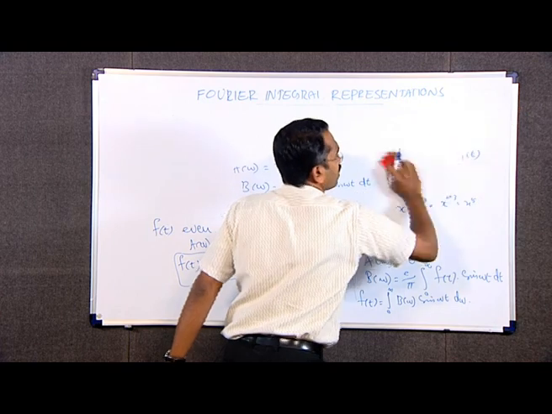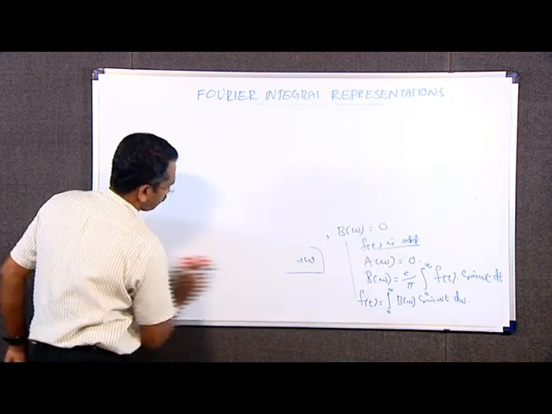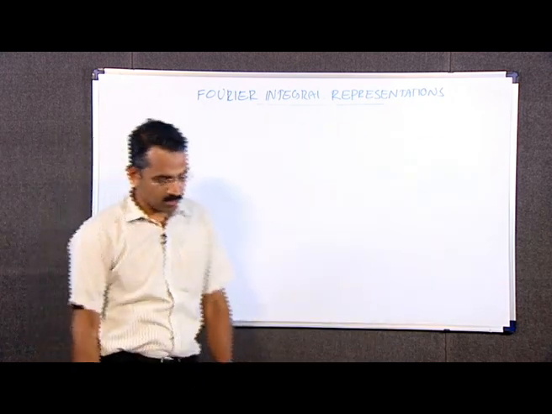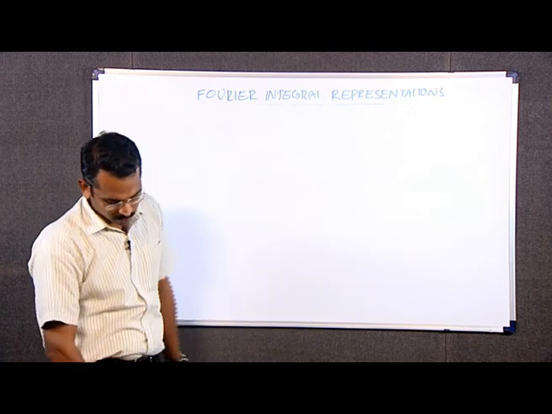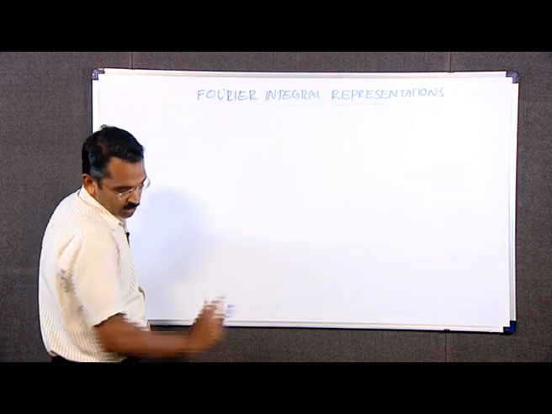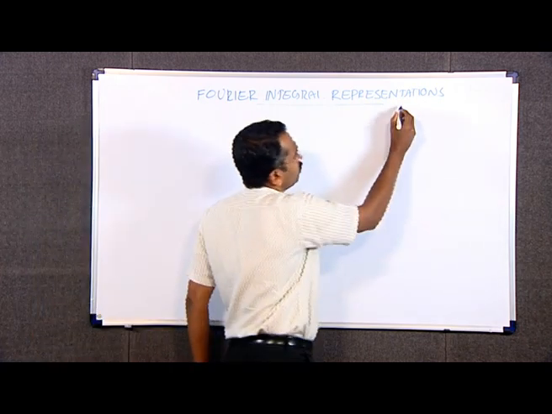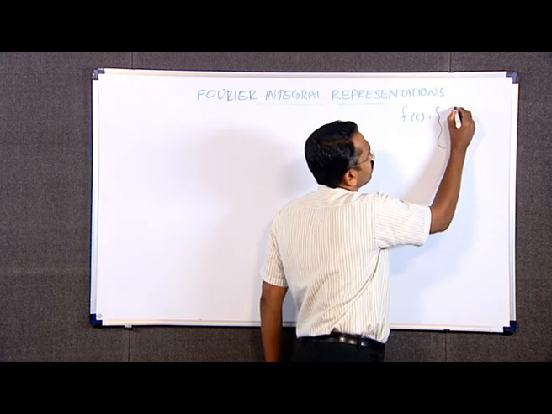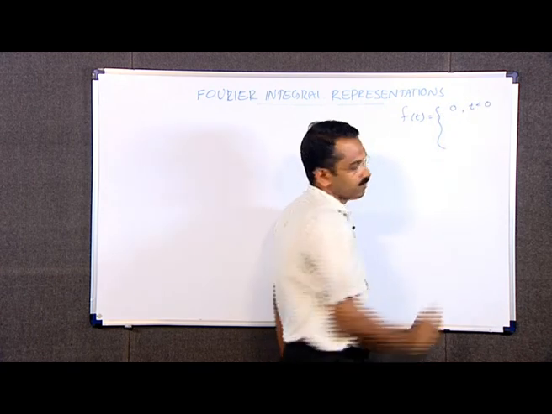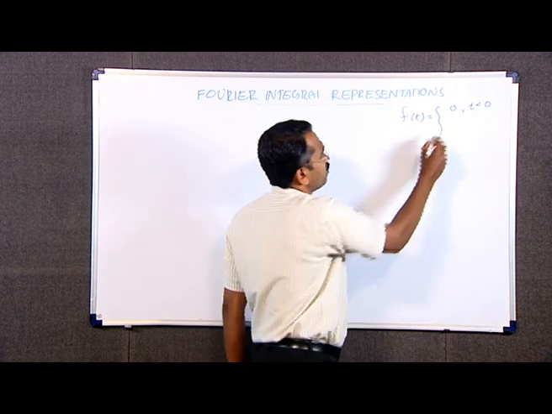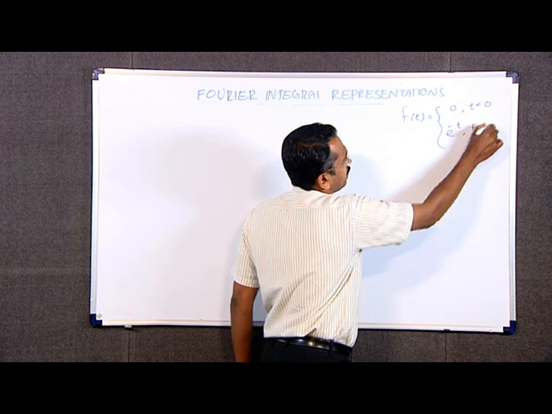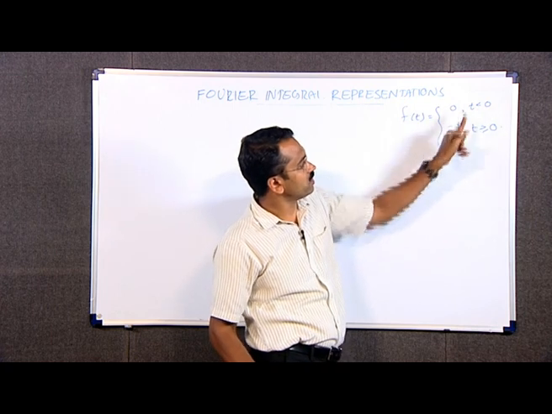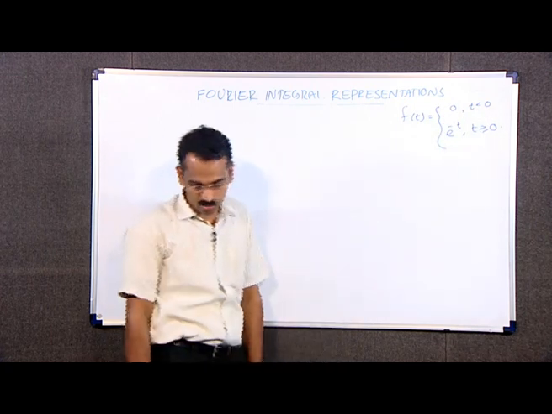Now, we have to work out some example problems. First one is, find the Fourier integral representation of the function f of t equal to 0 for t less than 0, and e raised to minus t for t greater than or equal to 0.